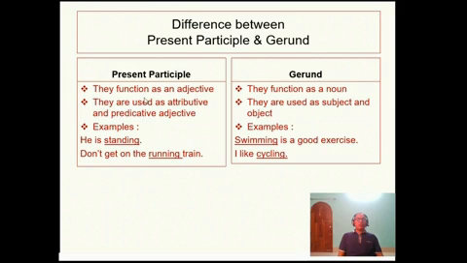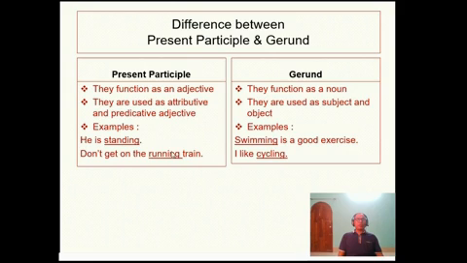Present participles function as adjectives and gerunds function as nouns. Present participles are used as attributive and predicative adjectives, and gerunds are used as subject and object.